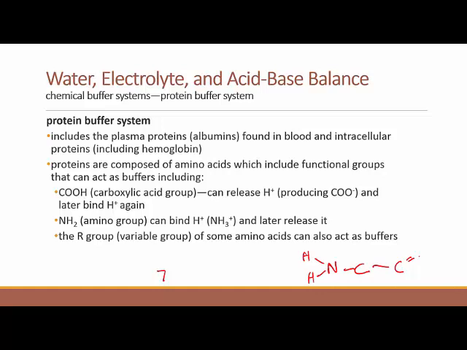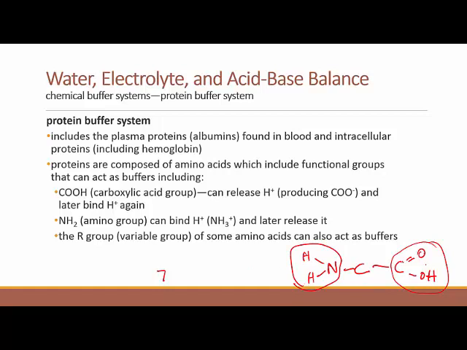And that's a C double bonded to an O, and then single bonded to an oxygen that has a hydrogen attached to it. So here we have a hydroxide ion, but when you get this C double bonded to an O and an OH, that's the carboxylic acid group, and this is an amino group.